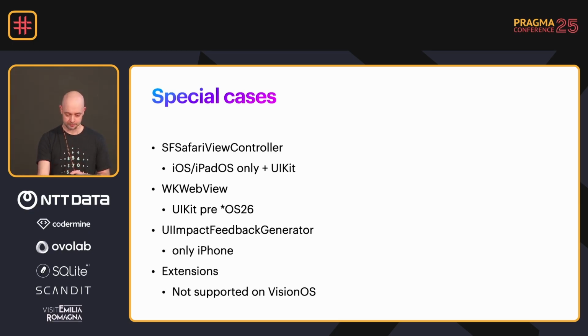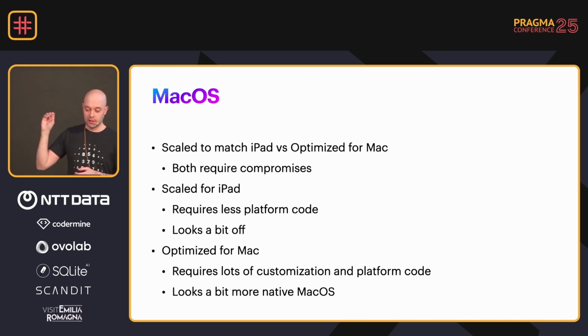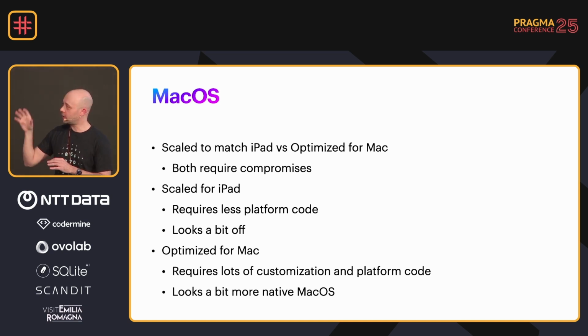for visionOS. Now, let's see some details about macOS-specific quirks that I had to go through, and the differences between what I said at the beginning, between Scaled to Match iPad and Optimize for Mac. They both require a kind of compromise.